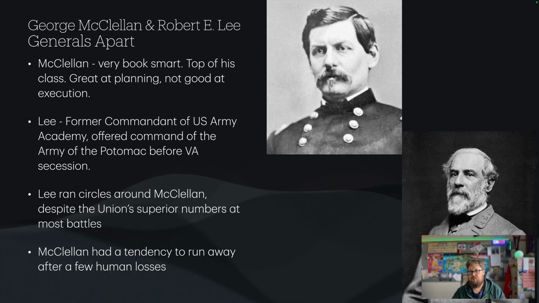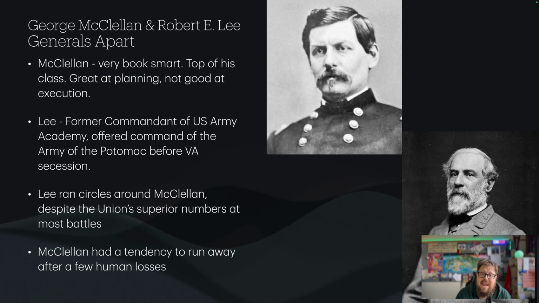He had been a top general in the Union Army, and Lincoln offered him command of the Army of the Potomac, and he went home to think about it, and Virginia seceded while he was home thinking about it, and so he ended up seceding with his state. He went with his state.